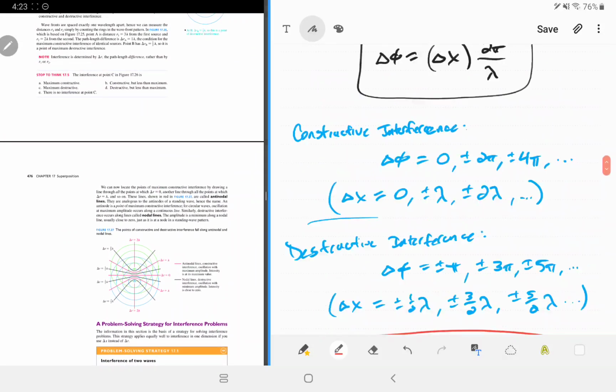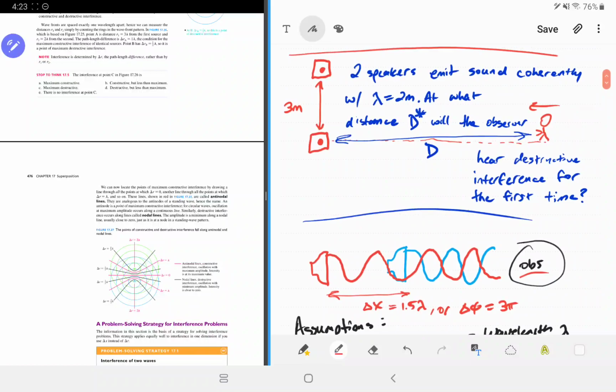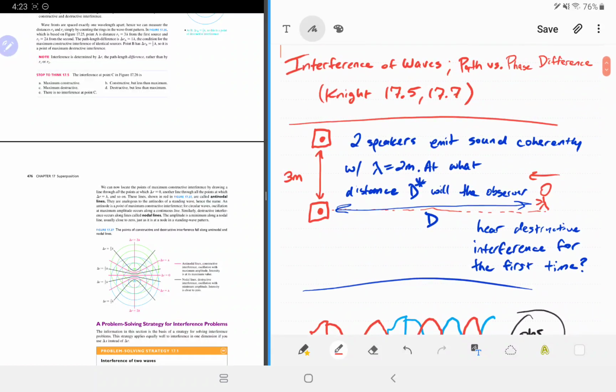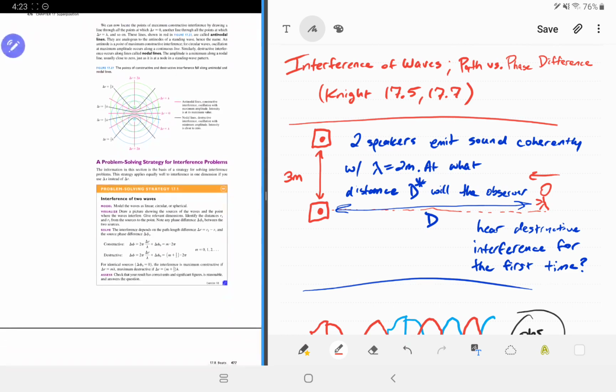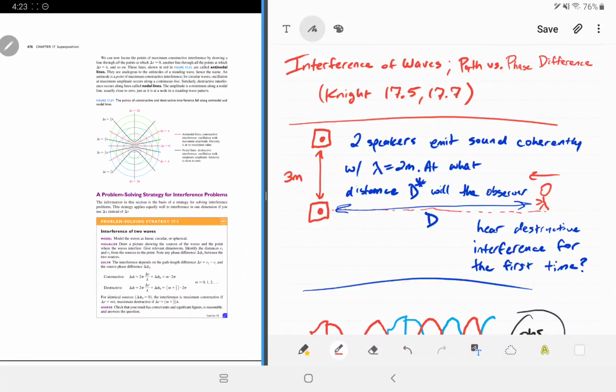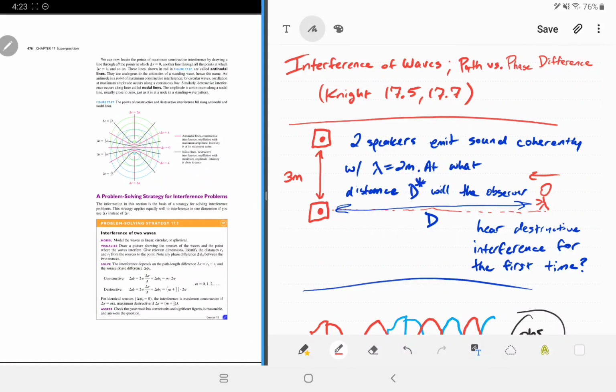So we just have to solve this problem here. Okay, 2 speakers emit sound coherently. The way I would suggest always to think about these problems is to take your point of observation, wherever the person is right here, and find what the path length difference is.